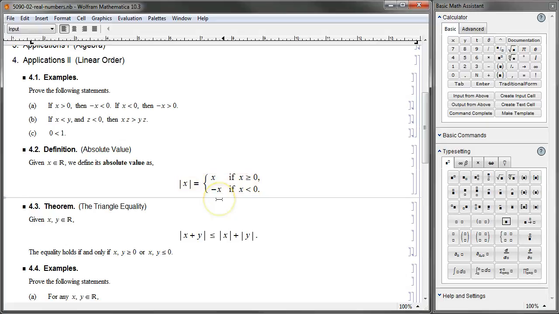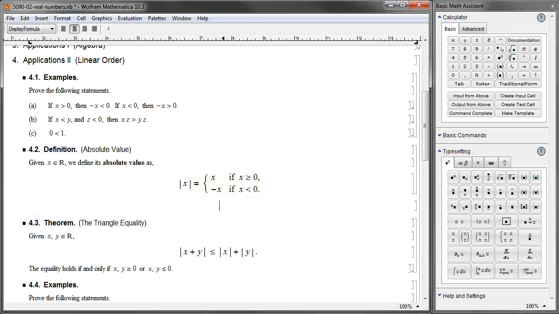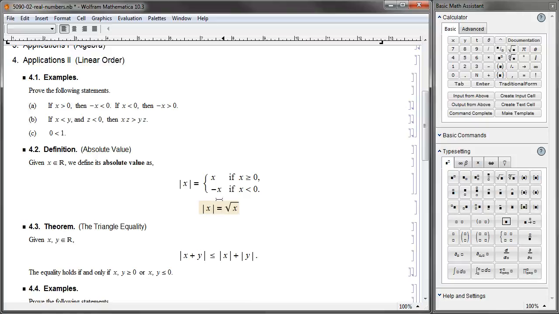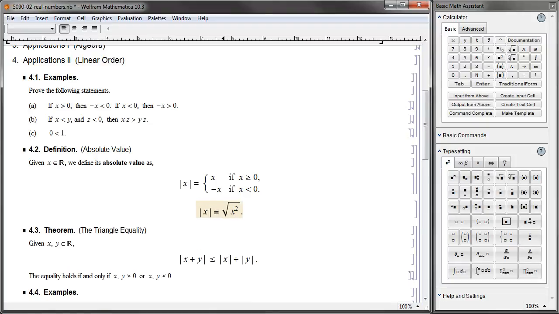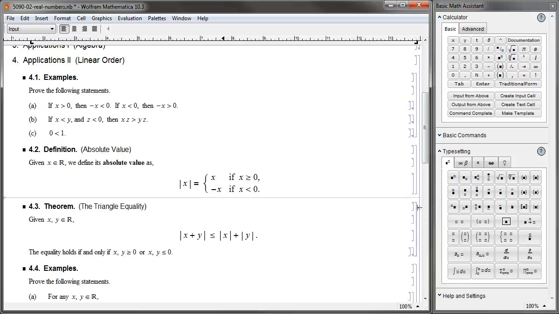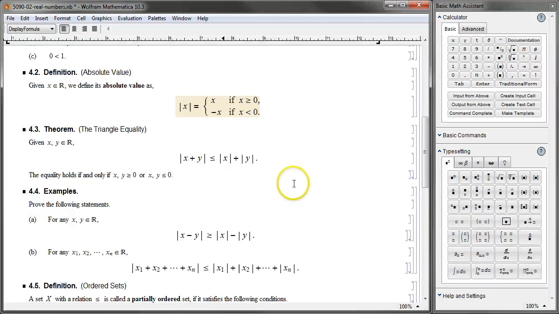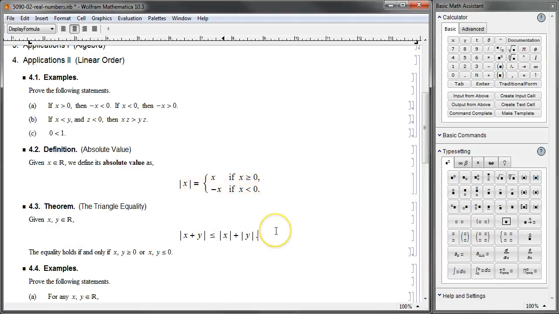And then you can prove that the absolute value of x is the square root of x squared as a theorem. That's the way the other textbook is working, and we're following Spivak's book this week, so let's use this as a definition. And you can prove the triangle inequality, this one, using the brute force method.